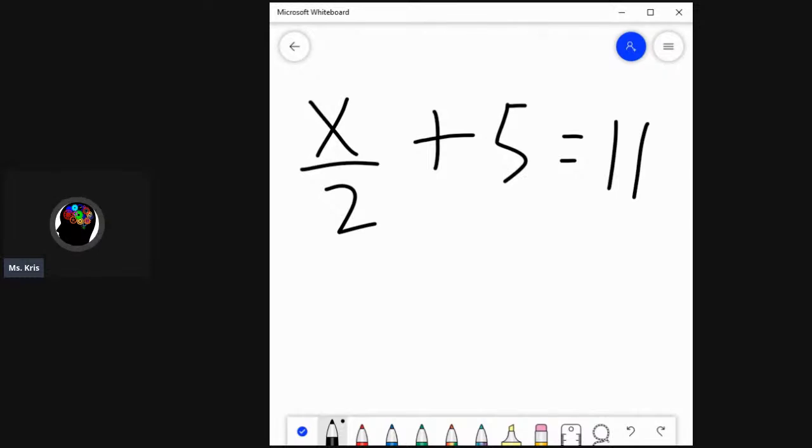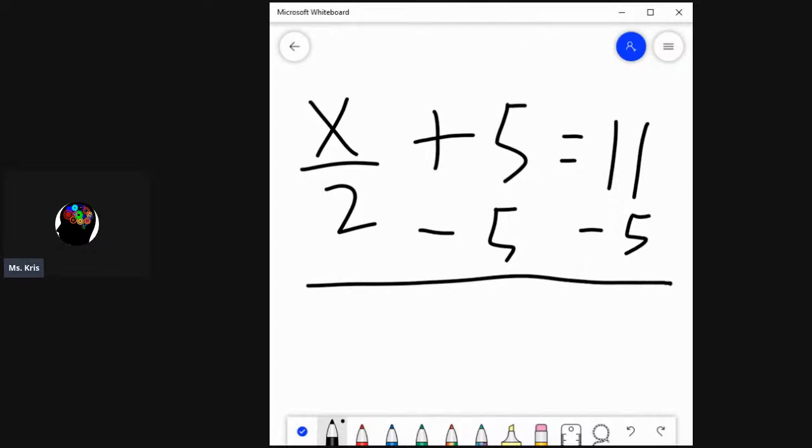So to get rid of the 5, I will subtract 5 on both sides, which of course, once I cross that out, that'll give me x over 2. And x over 2 is brought down. The plus and minus 5, they cancel out because that equals 0. Bring down your equal sign, and then 11 minus 5, well, that is 6, right?